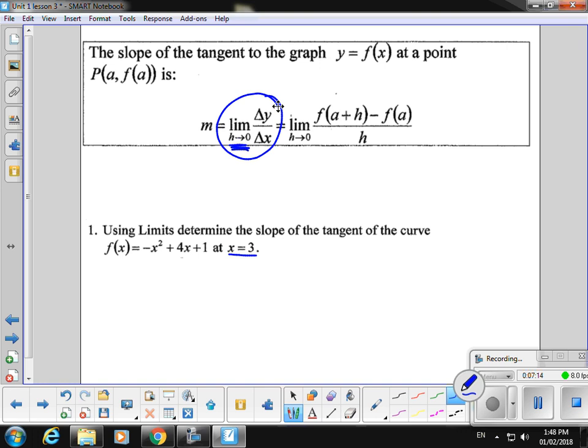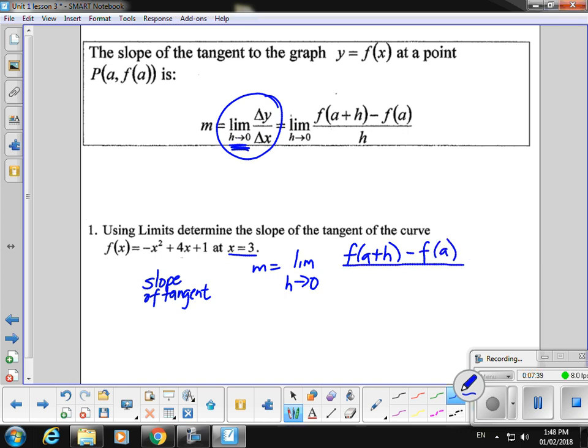So our definition would be the slope of the tangent is the limit as h approaches 0 for the function at a plus h, subtract f at a, so we've got the difference quotient, and the limit as that interval gets smaller and smaller should be the slope of our tangent.